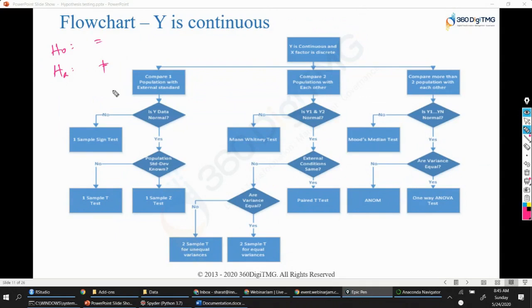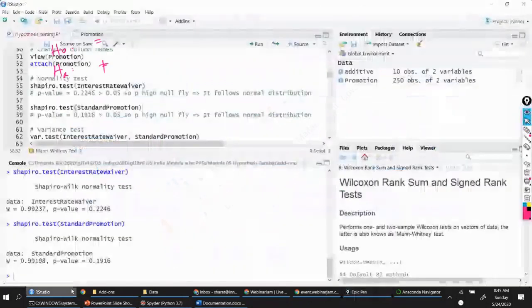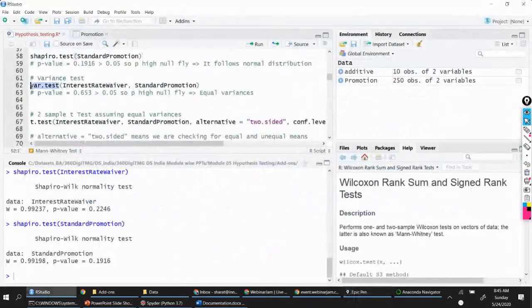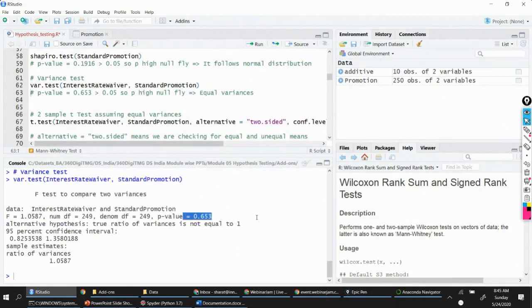Variances are equal or the variances are not equal. So let us go to the code. So variance test, you simply do var.test. That's the variance test. And you just sample 1 and sample 2. Execute it. And we get the p-value.